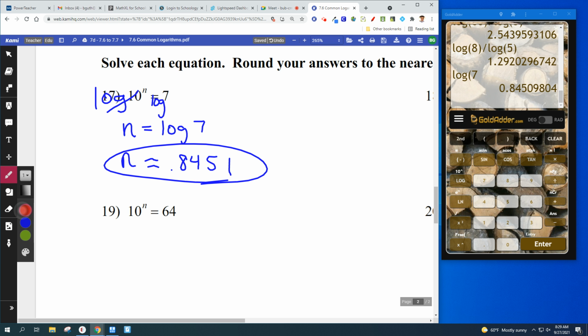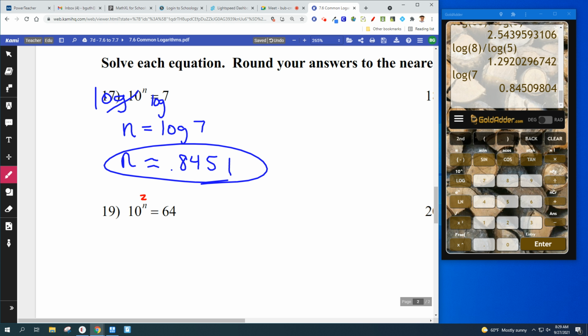Okay. So next problem. Think about this in your head before you do the log. Is n equals 2 too big or too small? If I put a 2 right there, 10 squared is 100. That's too big. So my answer is definitely going to be less than 2.